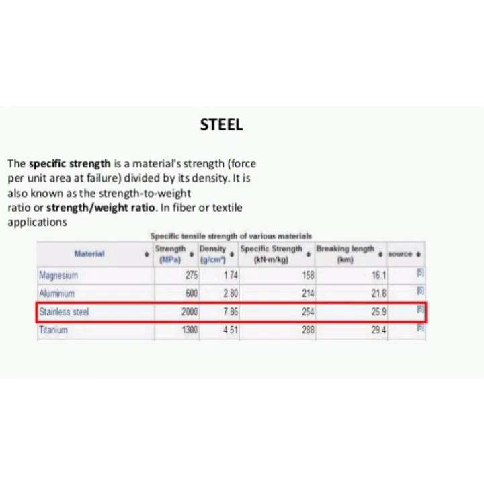Steel's specific strength is a material's strength, force per unit area at failure, divided by its density. It is also known as the strength-to-weight ratio or strength per weight ratio.